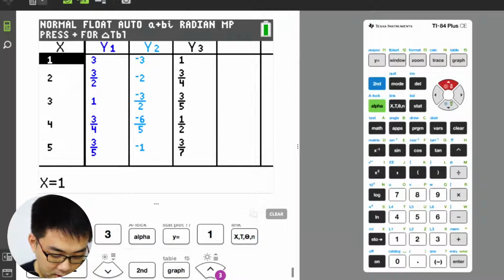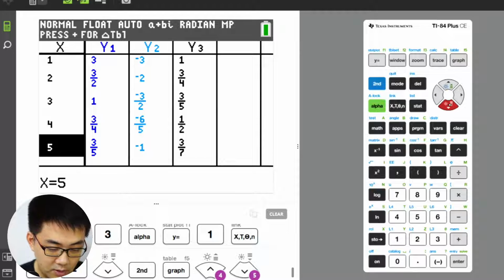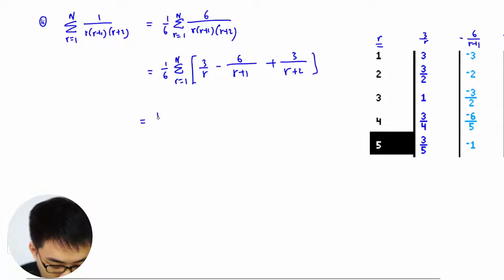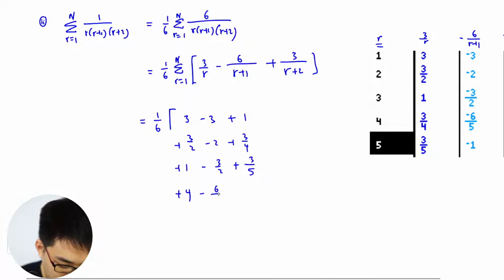graph here. Okay, I'm just going to copy this over. This is our r. Okay, list everything down. Over 6. 3 minus 3 plus 1 plus 3 over 2, minus 2 plus 3 over 4, plus 1 minus 3 over 2 plus 3 over 5, plus 4 plus minus 6 over 5 plus half and so on.